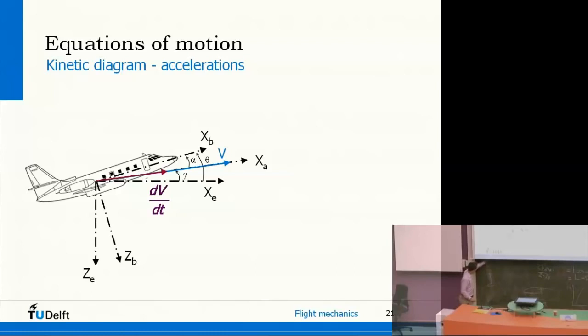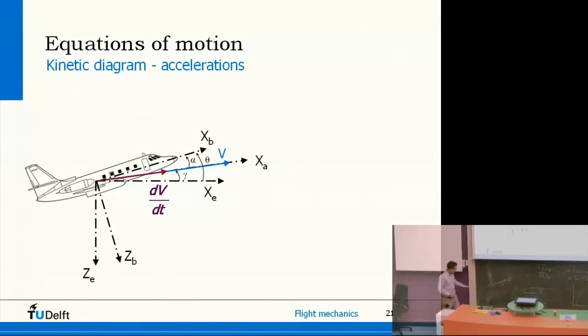So imagine this is a circle, and this is the airspeed vector. We have this angle gamma.